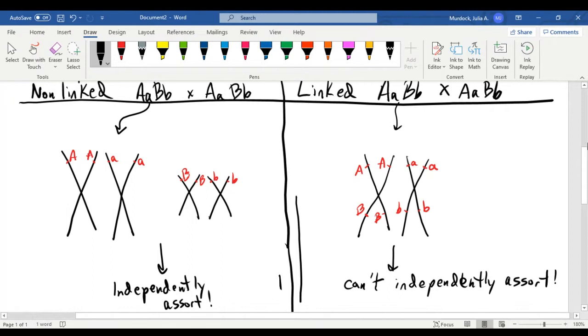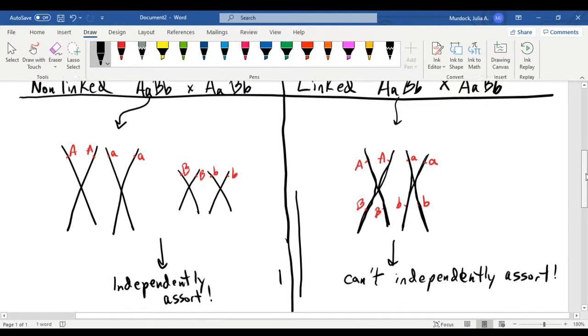The A's and B's are stuck on that same chromatid, right? So this guy here, big A stuck with big B, little a stuck with little b, right? So they're going to carry those back and forth, and you can't mix and match them.